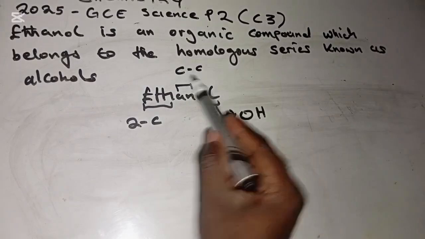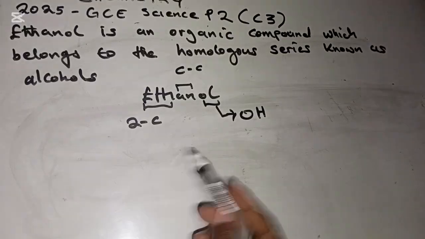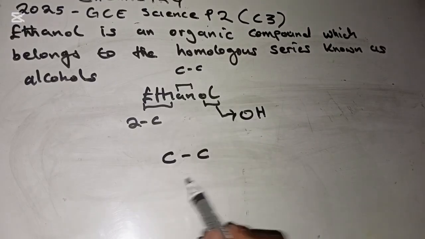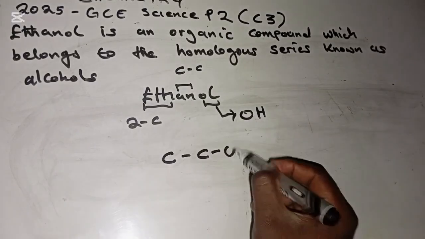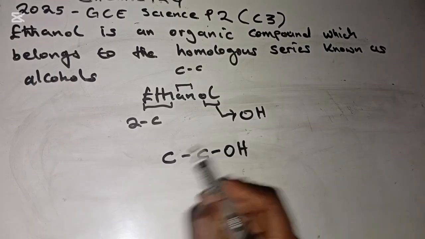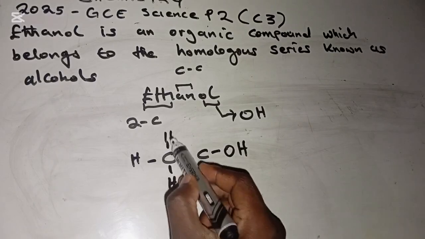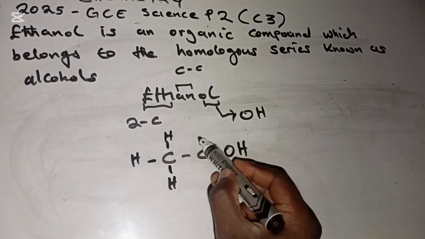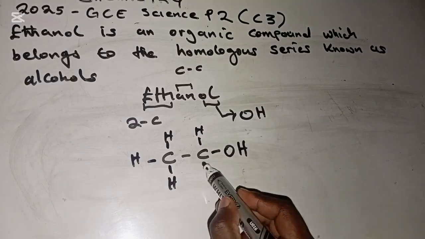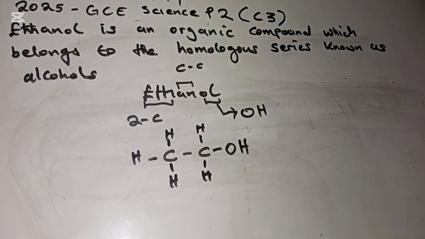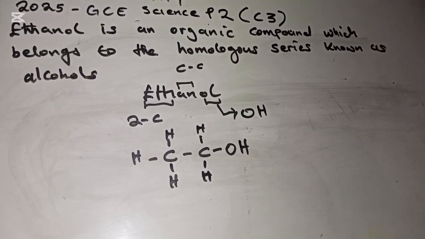Just from the name, you can see how we've deduced everything, and it's much easier to write it. Two carbon atoms with a single bond, then you add the functional group, and you're as good as done. So this is the displayed formula for ethanol. I hope you understand that.